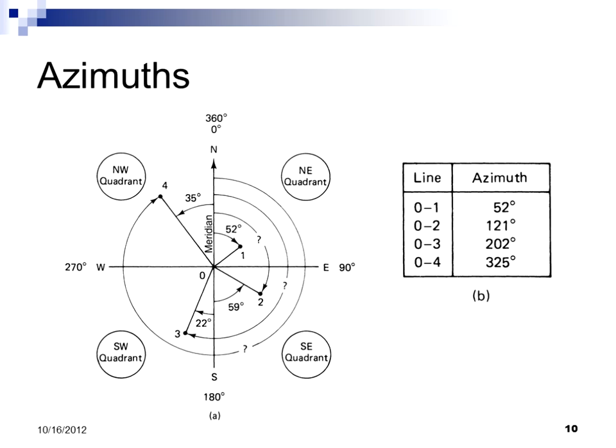Azimuths. Here's our line, 0 to 1. It is 52 degrees from our north meridian. What is the azimuth of this line? Remember our definition that azimuths are always measured from north in a clockwise direction and may have value from 0 degrees to 360 degrees.